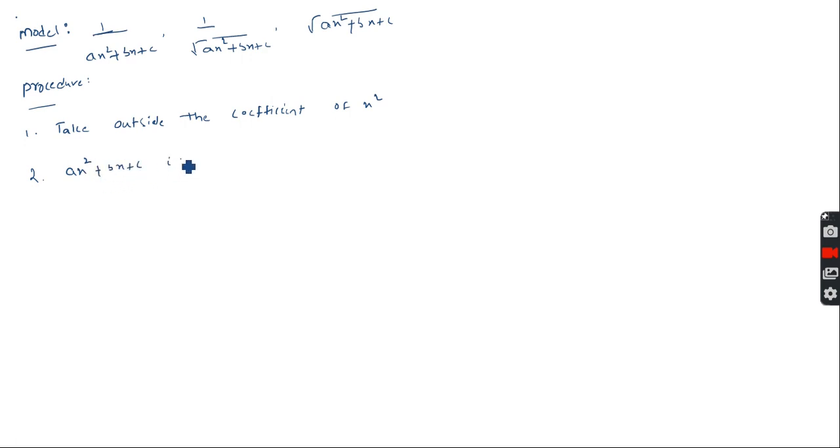is converted into a sum of squares, that is x square plus or minus a square.